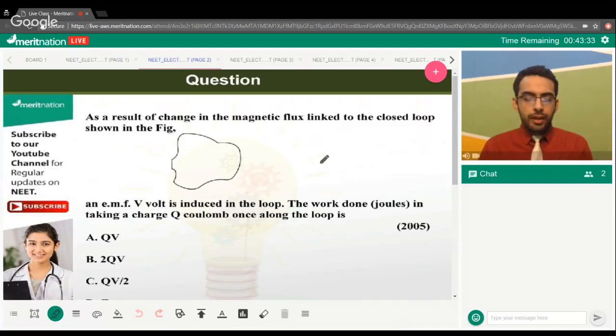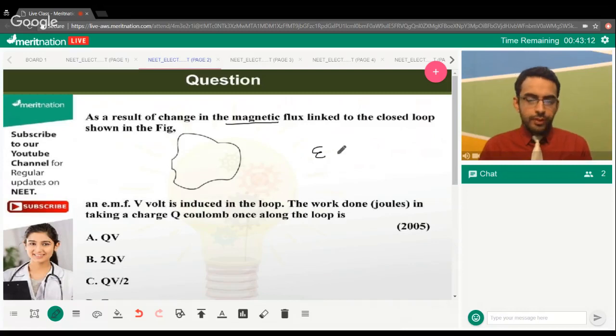Why? Because of change in magnetic flux. First of all, you should understand that whenever there is change in magnetic flux, an EMF will be induced in the closed loop.